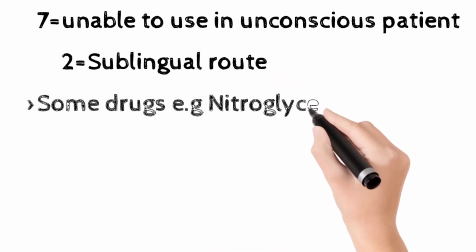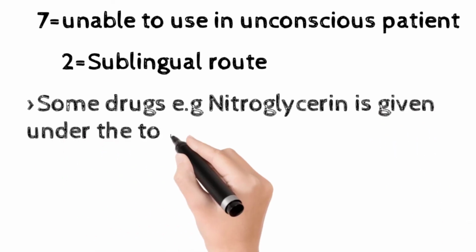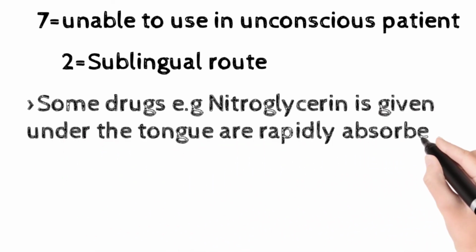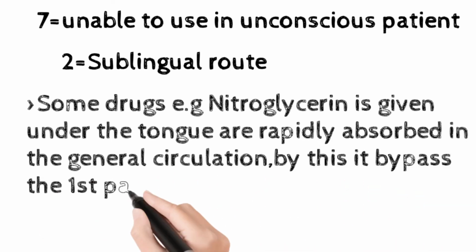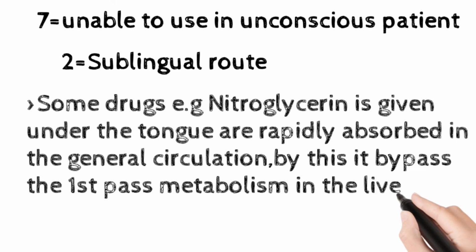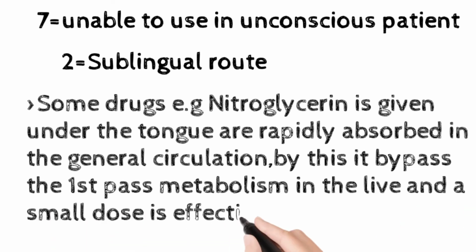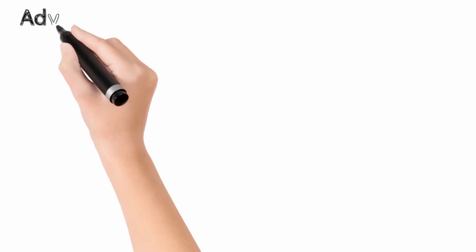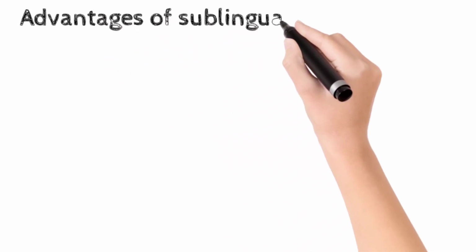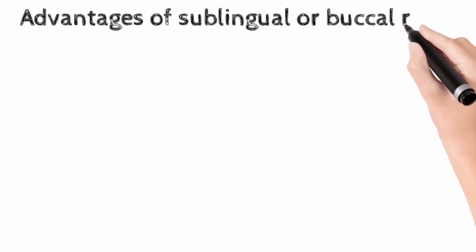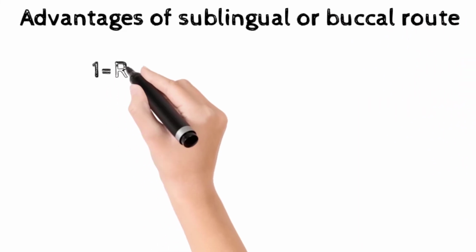Now, sometimes drugs, for example, nitroglycerin, are given under the tongue and are rapidly absorbed into the general circulation. They bypass the first pass metabolism, and a small dose is sufficient. Now, here are the advantages of the sublingual or buccal route.